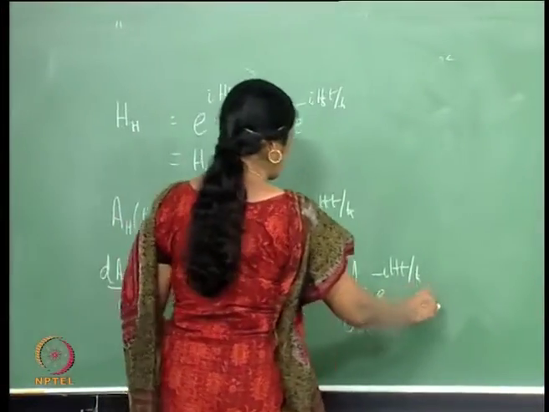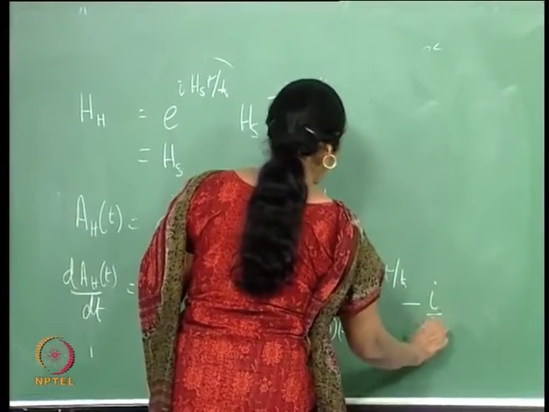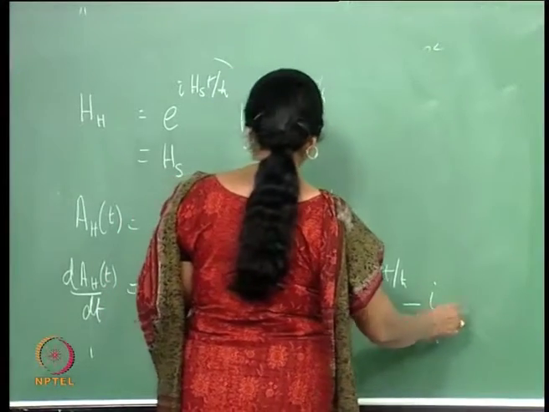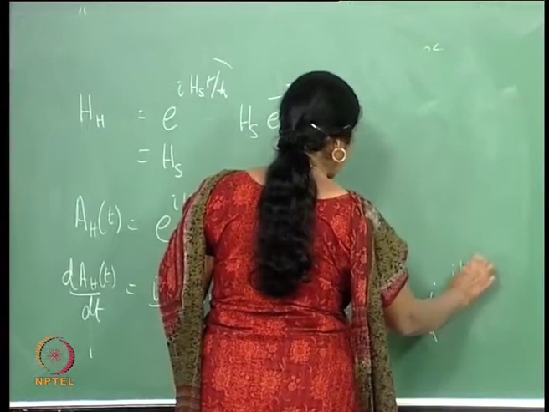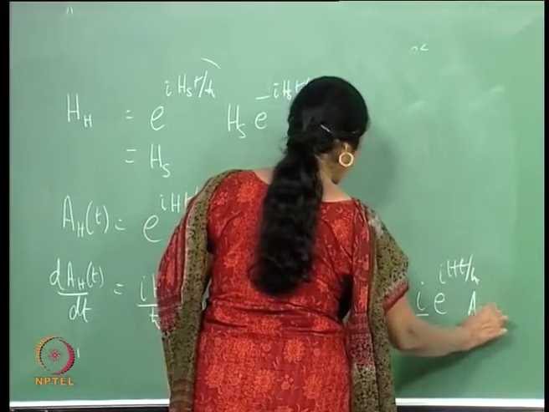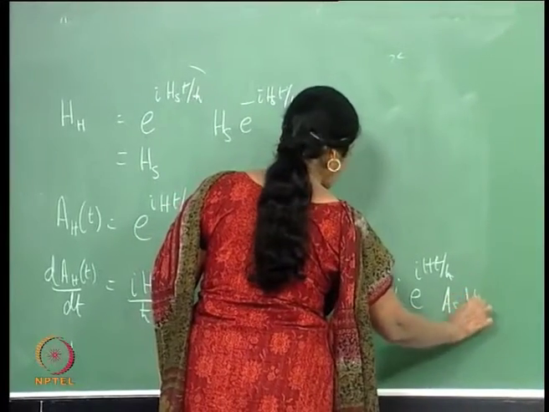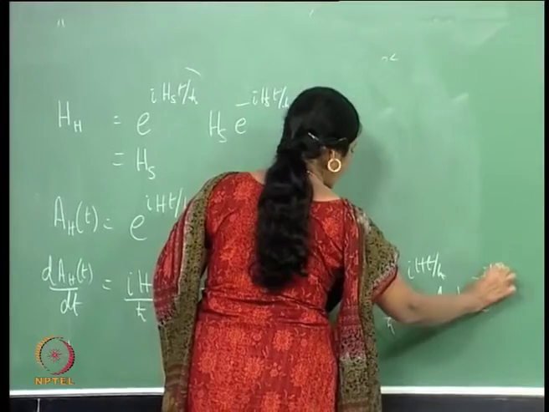Then there is a third term which is minus i by h cross e to the i H t by h cross A S H e to the minus i H t by h cross.